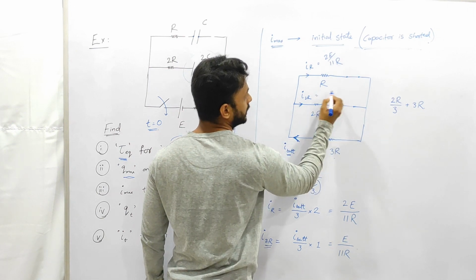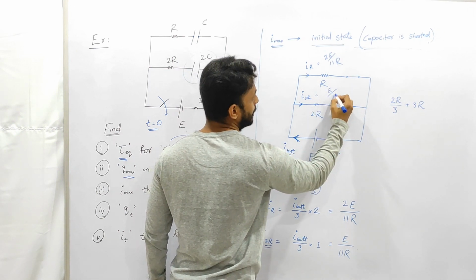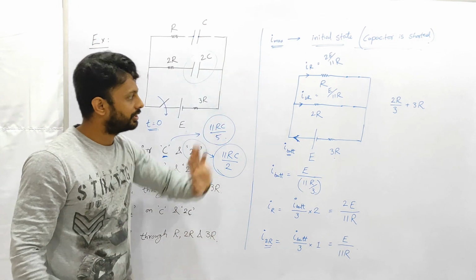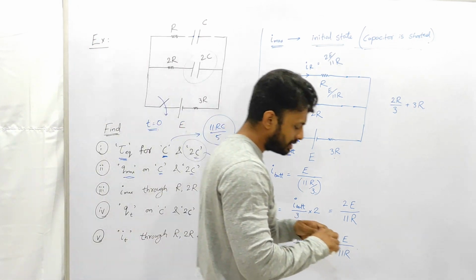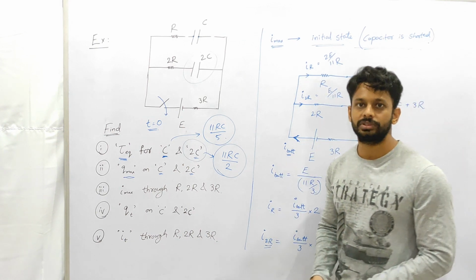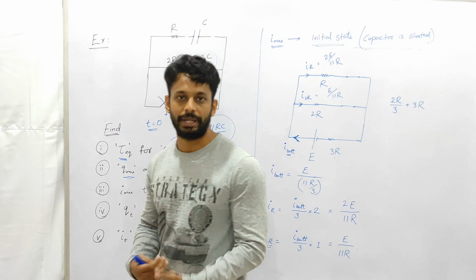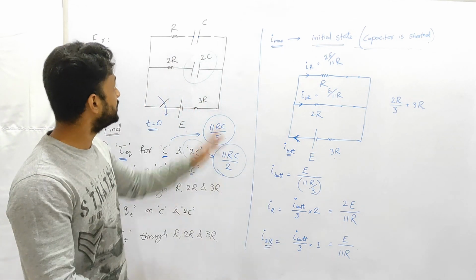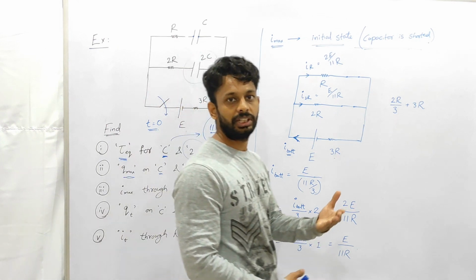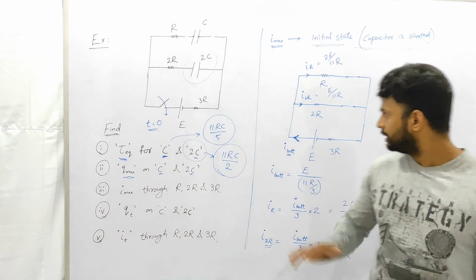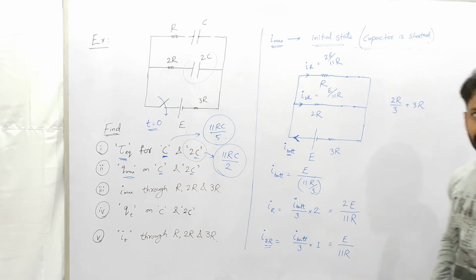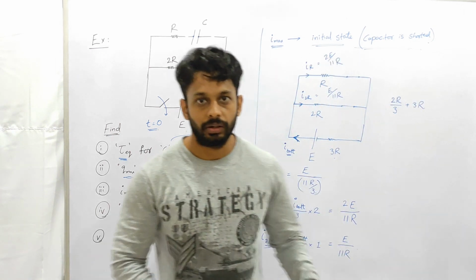The maximum current through 2R is E by 11R. There we go. So the maximum currents we got. So the logic is simple, guys. In the initial state, the current in the circuit through any capacitor is maximum. In that stage, the capacitors have zero charge and zero potential difference, and behave like a short circuit. After that, we need to solve it in the normal way to get the current through any given branch or through any given capacitor. Alright?